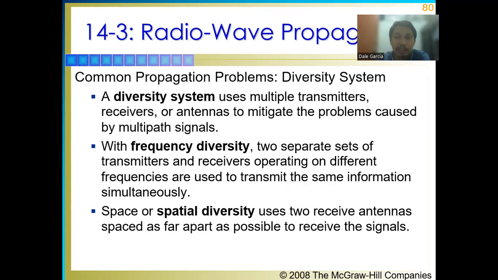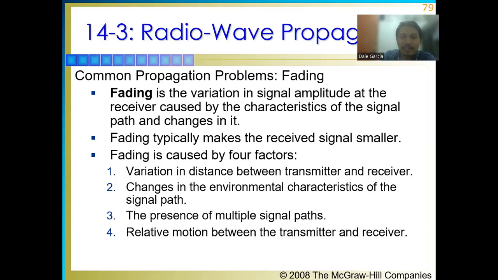Basically, when we say diversity, again, it's the usage of two or more of something to overcome multiple problems or challenges. That's the idea. So we'll cover more of fading and link budget calculation again for antenna systems a little more as we progress, next week, 2 weeks from now. So we'll end our introduction to antenna and radio wave propagation here.